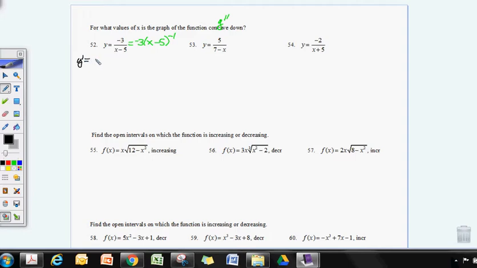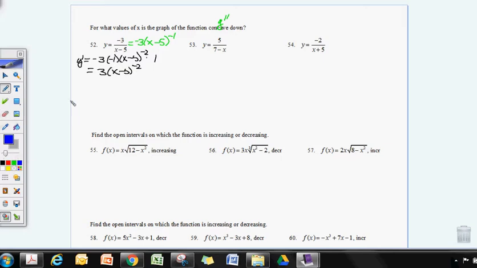So my first derivative is -3 times -1 times x minus 5 raised to the -2 times 1. Or in other words, it's going to be 3(x minus 5) raised to the -2 power. That is my first derivative.